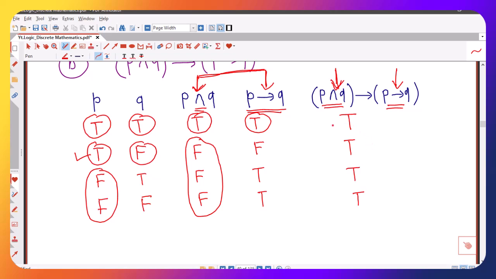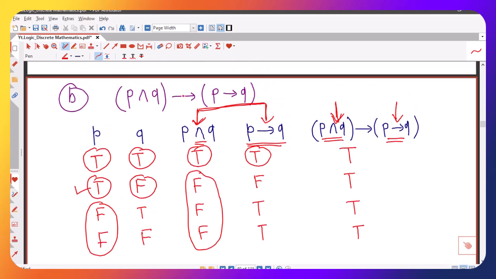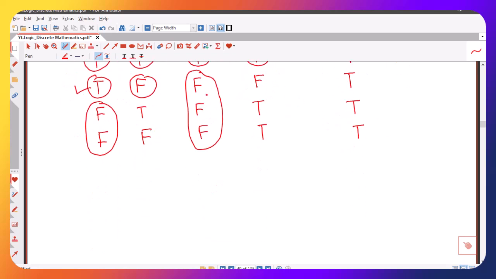So all the values in this column are true, and therefore the given statement formula P and Q implies P implies Q is also a tautology.